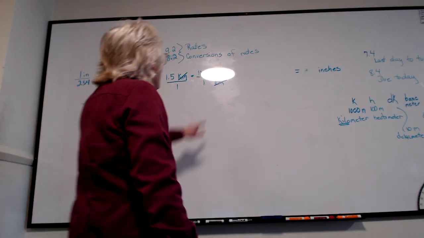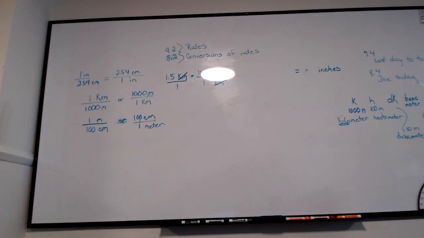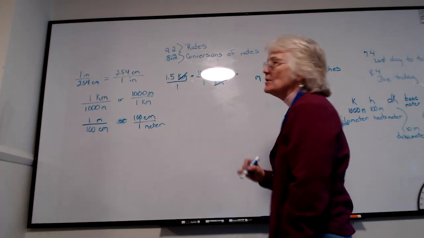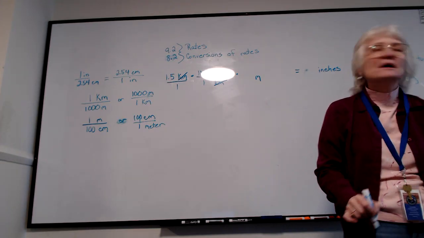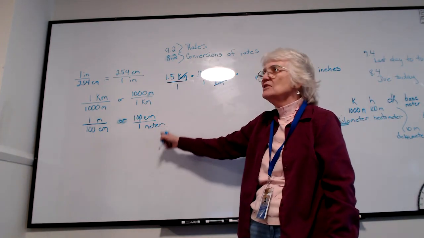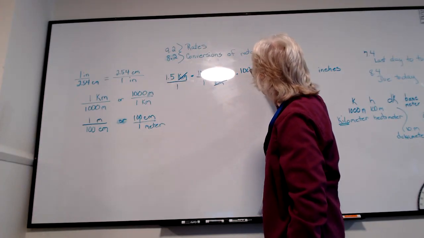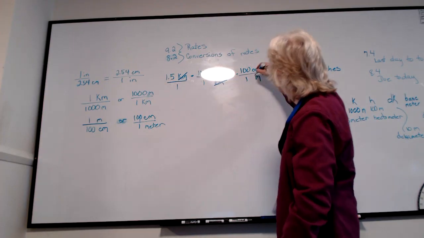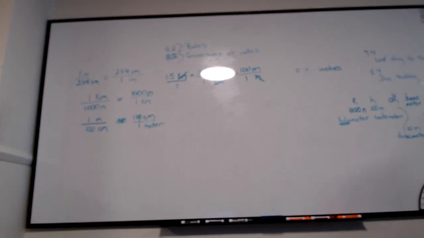Okay, I have meters up on top. I'm going to multiply by meters on the bottom. If you put the one on top on the bottom, that tells me which one I'm going to use. So I'm going to have 100 centimeters over 1 meter. Notice my meters cancel.